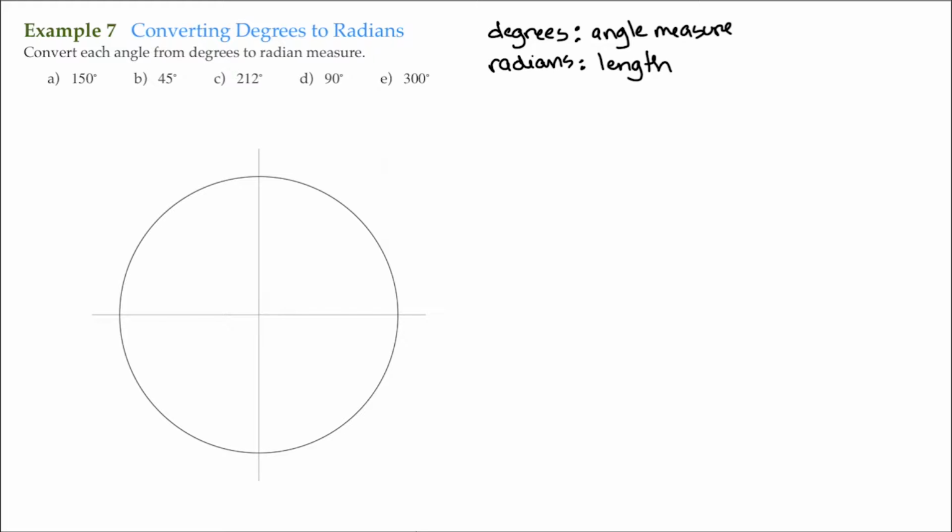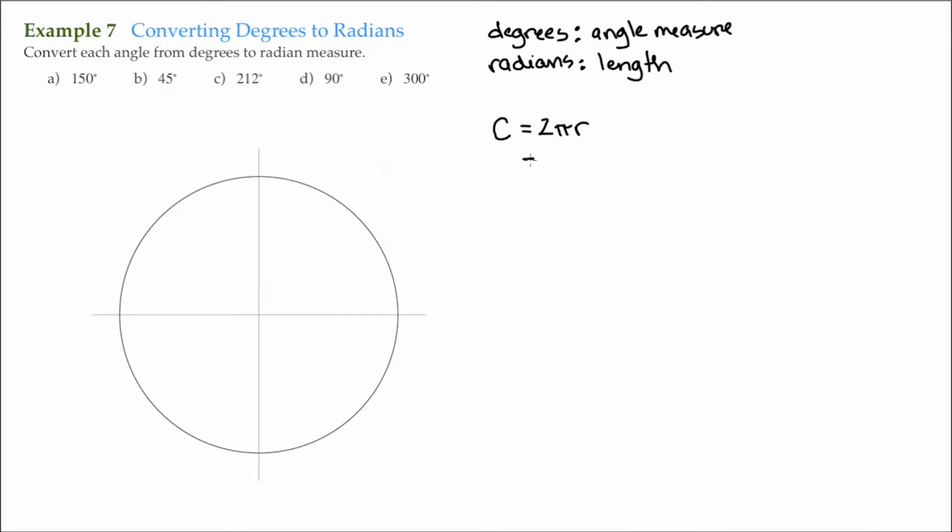So we had learned in an earlier section that a circumference is the distance all the way around a circle. That's its perimeter. So we know that the circumference of a circle is 2 pi r. Every circle will have a factor of 2 pi in it. What separates one circle from another circle is the size of its radius. So if this is a unit circle, it has a radius of 1 unit.